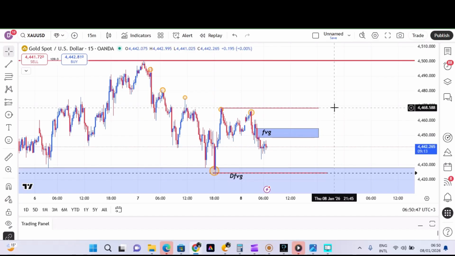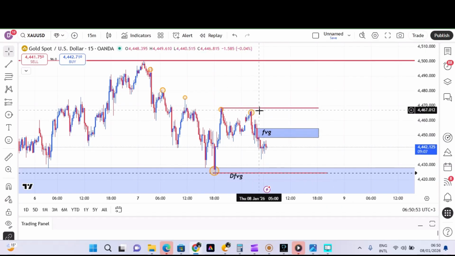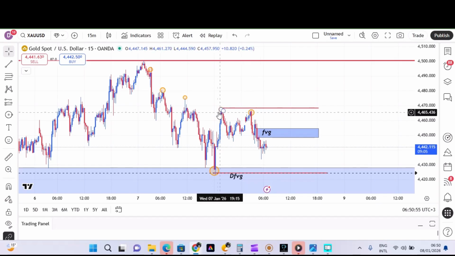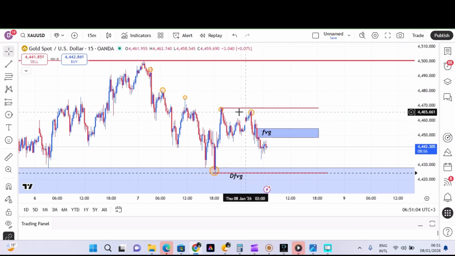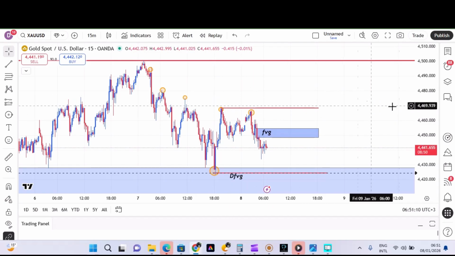So this could be acting as the current resistance. You see this double top? Yes, double top. The M structure. This is a very, very strong zone. Okay, formed these equal highs here.